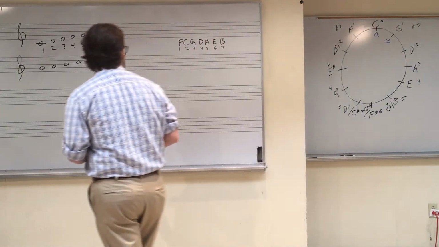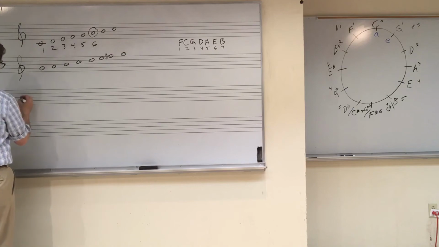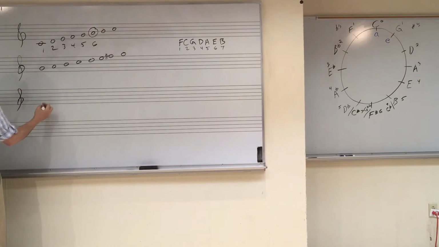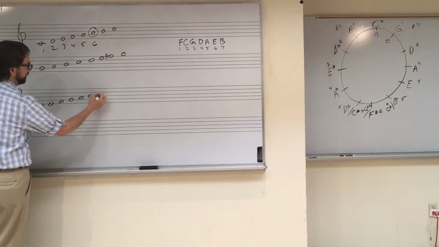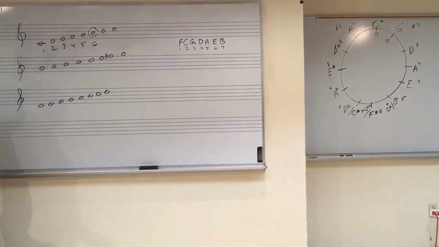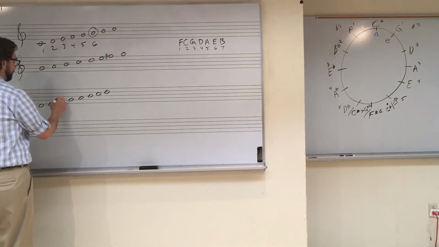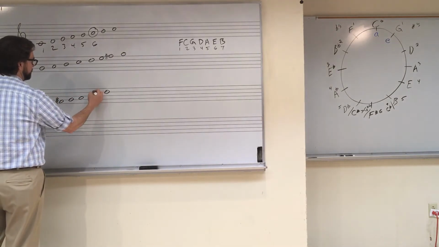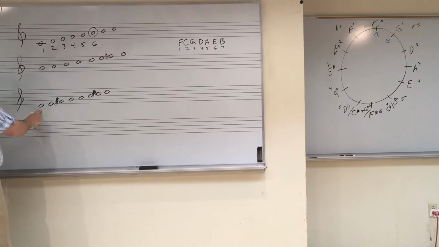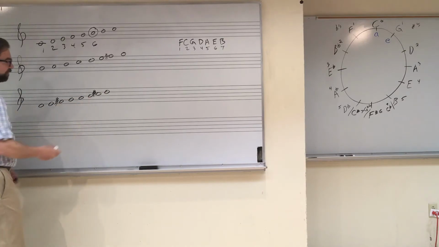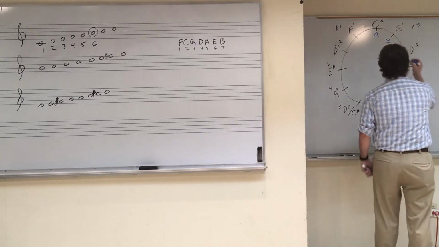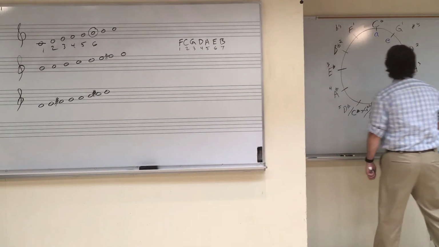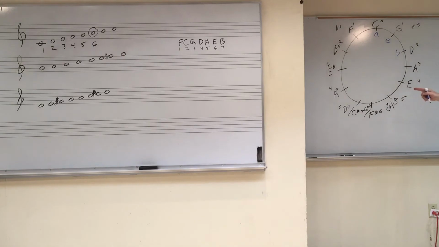So we go to our next one, D. How many sharps are in D? It's 2 sharps, right? So I've got my F sharp and my C sharp. Count up to the 6th scale degree, 1, 2, 3, 4, 5, 6. I get B minor.